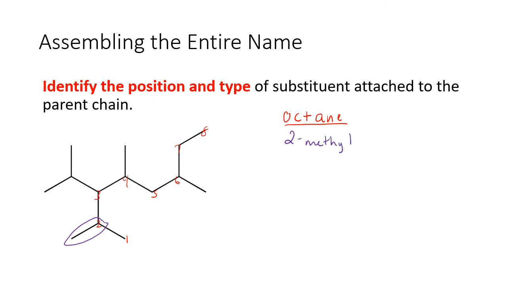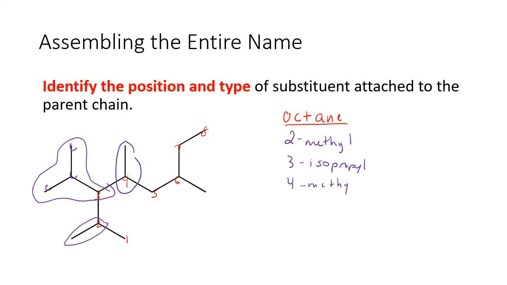1 carbon. At position number 3, this is one of those common ones that you have to memorize. It's got 3 carbons, but it's not a straight chain attached. It's an isomer. That's called 3-isopropyl. At position 4, we have a methyl group.